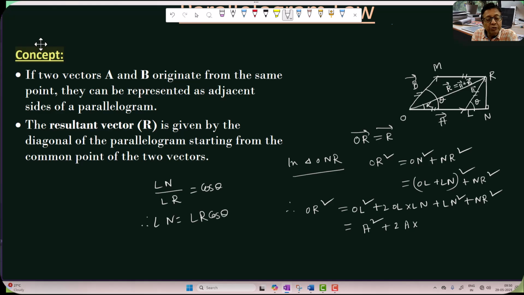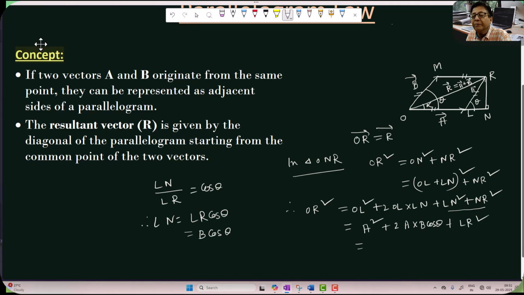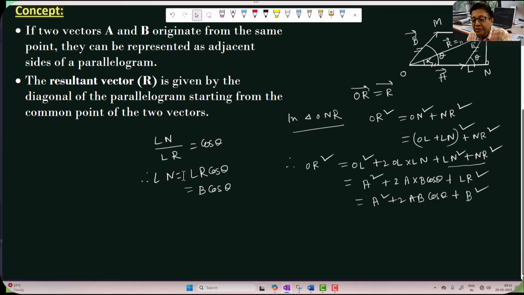So LN equal to LR cos theta. What is the value of LR here? There is B vector, B cos theta. So this A into B cos theta we put there. And once more, in this triangle LRN, this is right angle triangle, LN square plus NR square is what? LR square. So this will be A square plus 2AB cos theta plus B square.